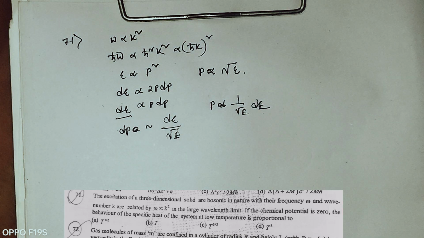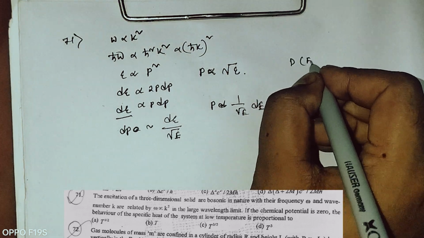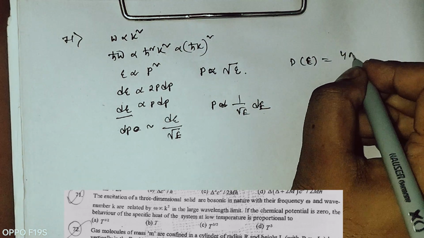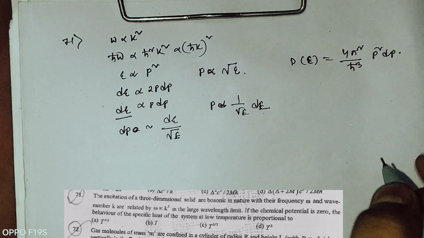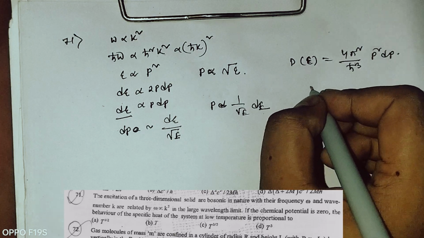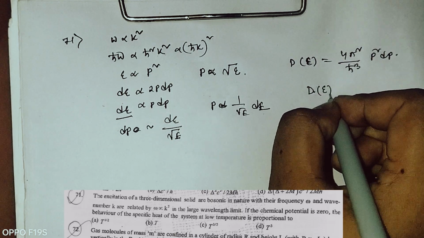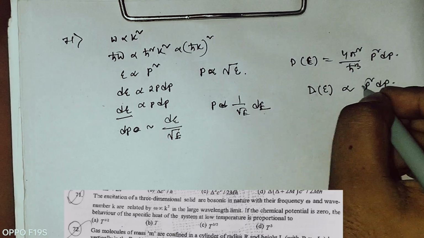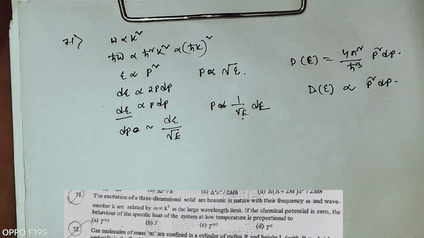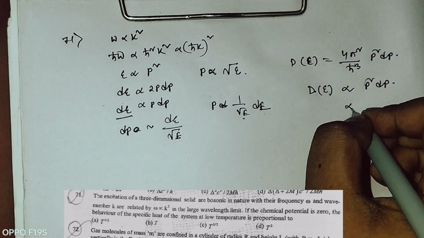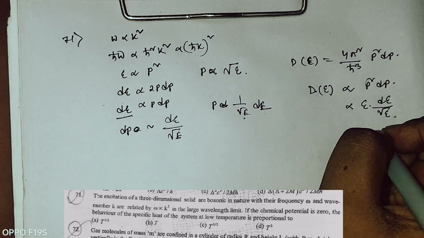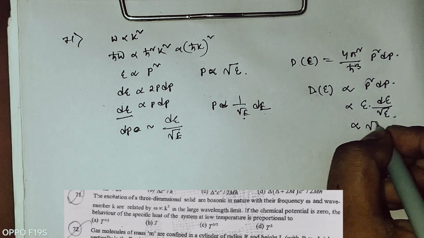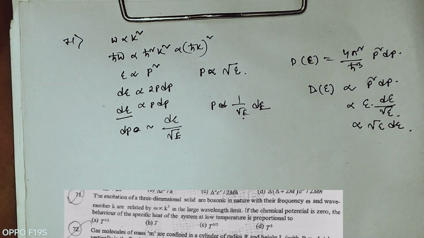Now the density of states: D of epsilon d epsilon equals 4 pi by h cut cube p square dp, and then substitute this. So D of epsilon varies as p square dp, and p square varies as epsilon, so epsilon d epsilon by root epsilon, which gives root epsilon d epsilon.